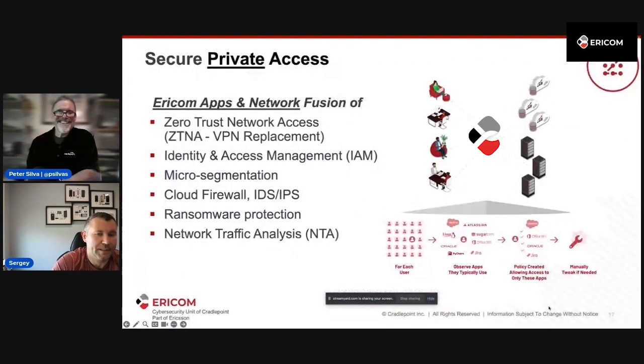That is correct. When we talk about secure private access, we're talking about two different types of apps and two different ways of accessing those apps. First, you can of course use the client-based approach, use the ZTNA client, connect to the Ericom cloud and access those apps that way.